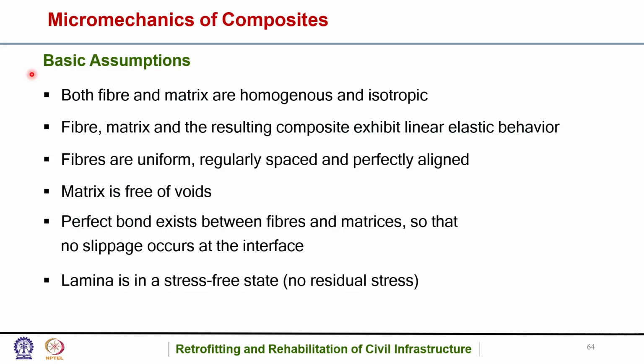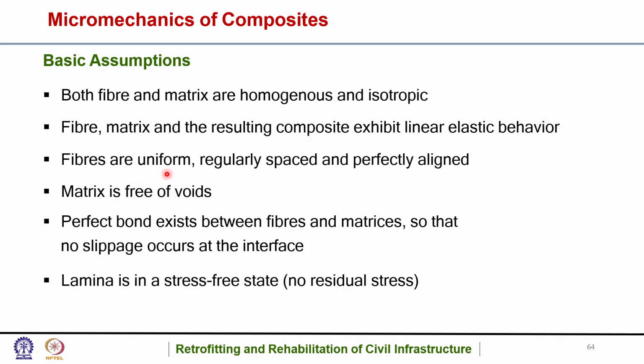Before starting, we have to take some basic assumptions. One, both fiber and matrix are homogeneous and isotropic. Two, fiber, matrix, and the resulting composite exhibit linear elastic behavior, so the deformation is recoverable and temporary.